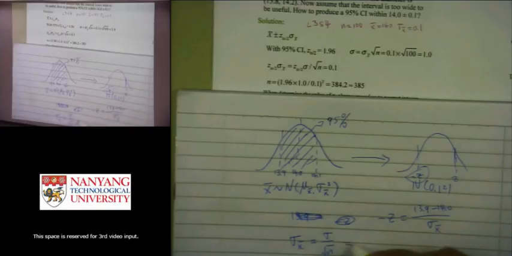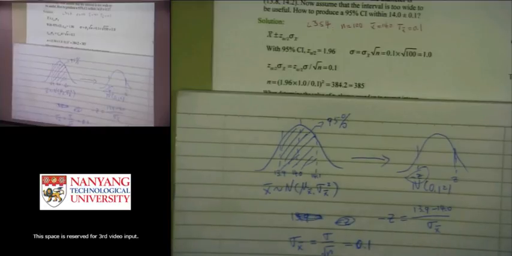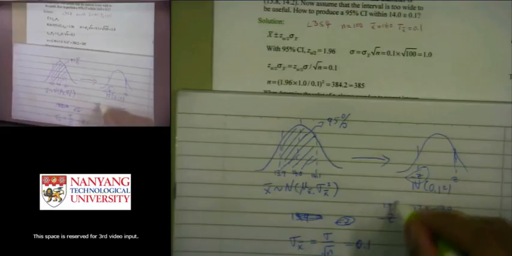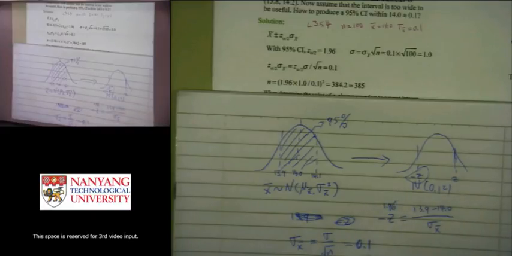Okay, even simpler. This is 1.96. We get this equals 0.1. So it equals sigma divided by square root of n.